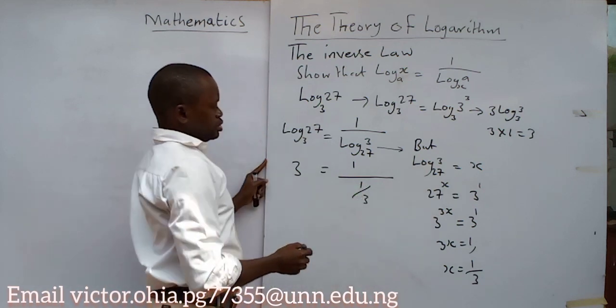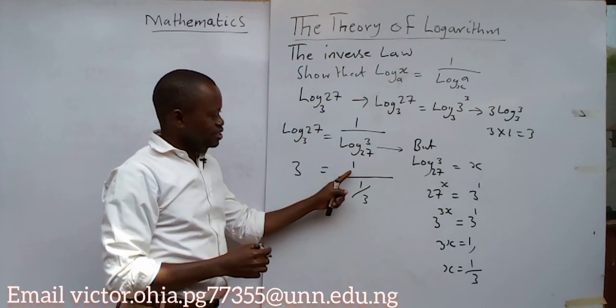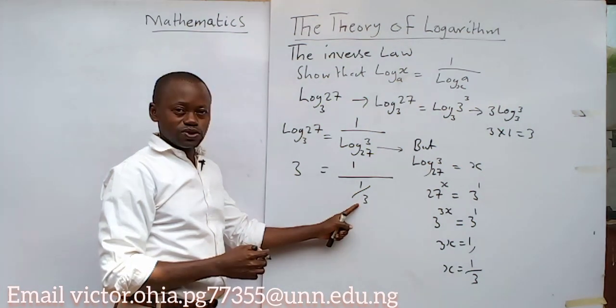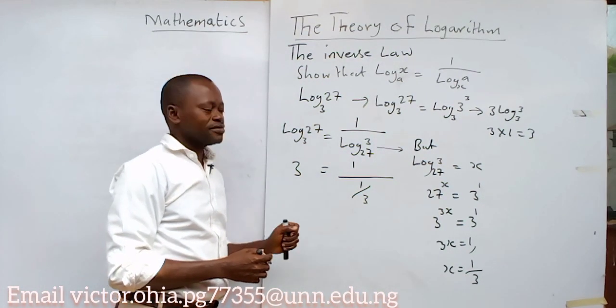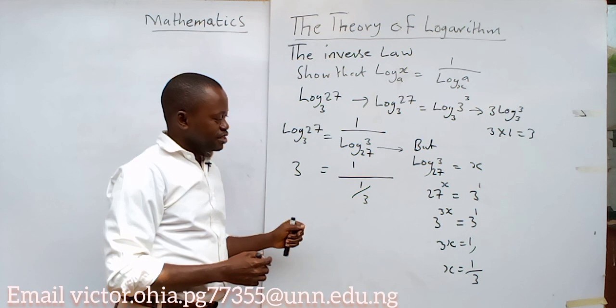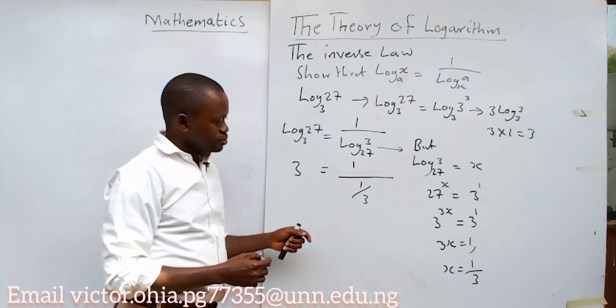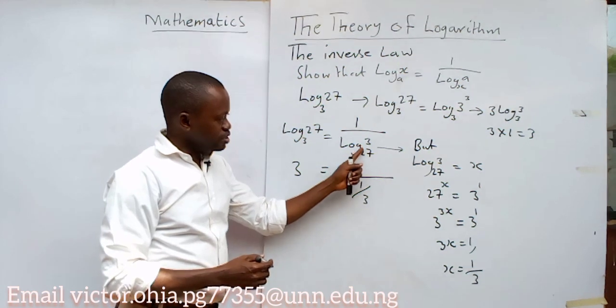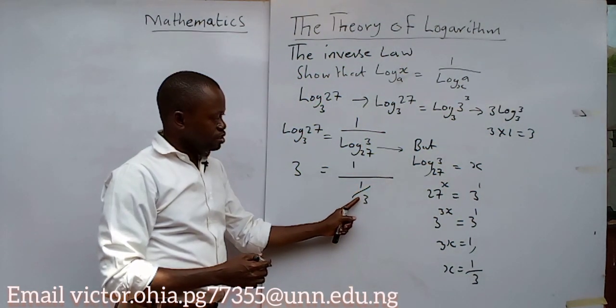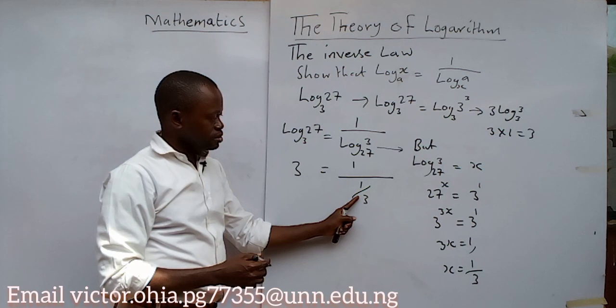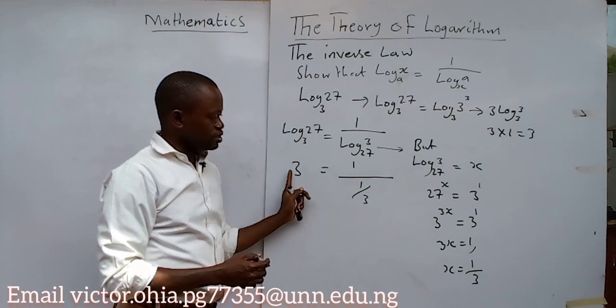If you take the inverse of 1 over 3, what is it going to give you? It will give you 3. Wow, that's wonderful. So this, when reversed, is 1 over 3, but if you take the inverse, it will give you 3.